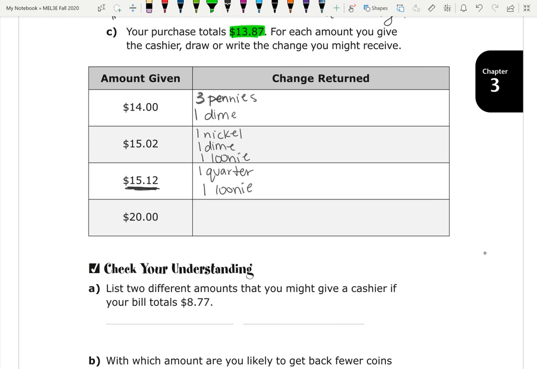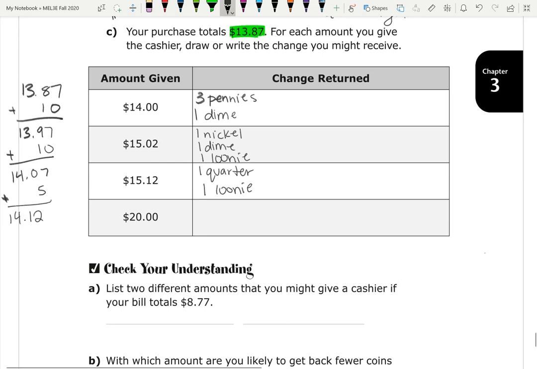I'm going to repeat what I did here. So I'm counting up from 13.87. Plus 10 is 13.97, plus 10 cents again is $14.07, $14.12.